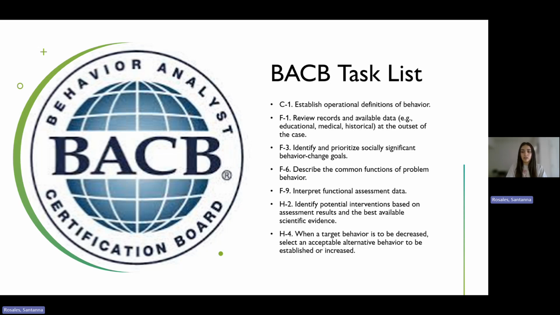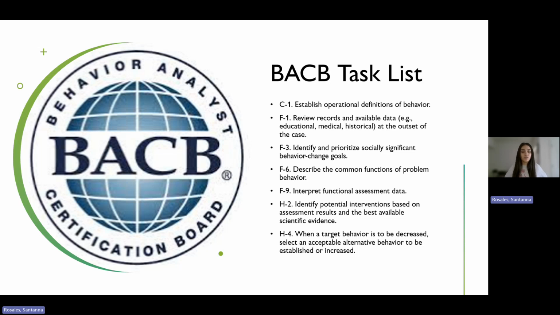By assessing all three of the assessments, writing the results, and figuring out what to do from there, I'm able to interpret the best way to help her behavior. And next, H2, identify potential interventions based on assessment results. Again, I was able to do this after collecting data from the VB-MAP assessment. This one gave me the best idea of where her deficits are and what I could target based on the missing areas in the domains.